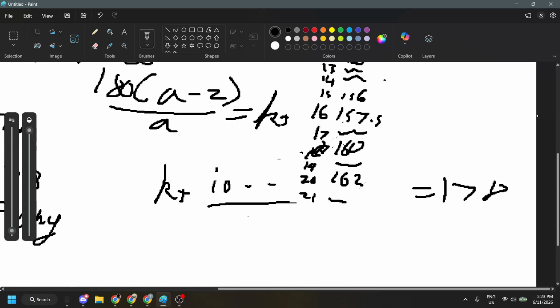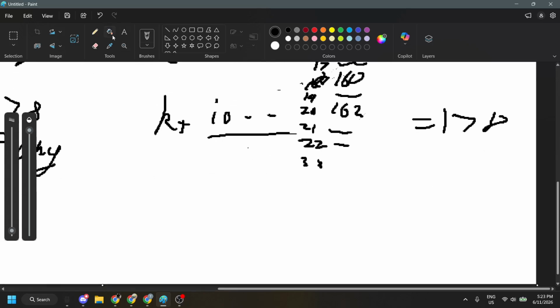This is increasing too fast for me. 21 isn't going to be something, 22 isn't going to be something, 23 isn't going to be something, 24 can be.